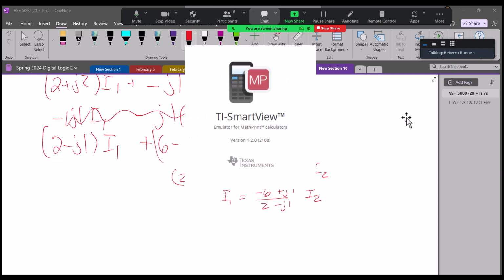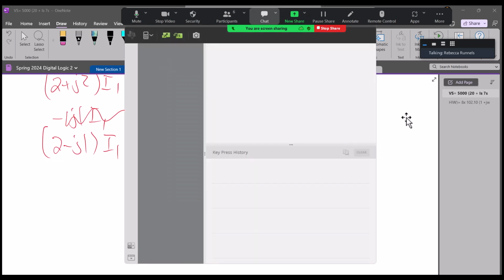And by the way, the non-graphing calculator that I recommend, the TI-36, lets you put complex numbers in fractions, although the 84 does not.